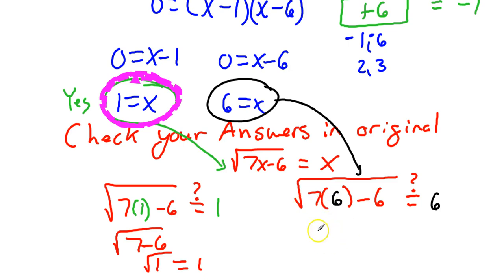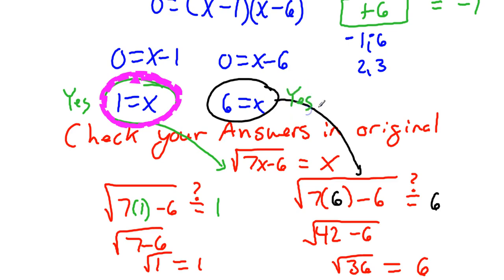Okay, 7 times 6 is 42. Minus 6, that's what, 36? So does the square root of 36 equal 6? It does, doesn't it? So in that case, they both work. So get a yes and a yes. So your final answer for that one is both of those two answers.